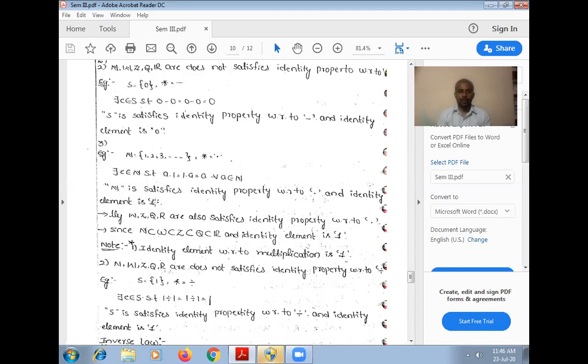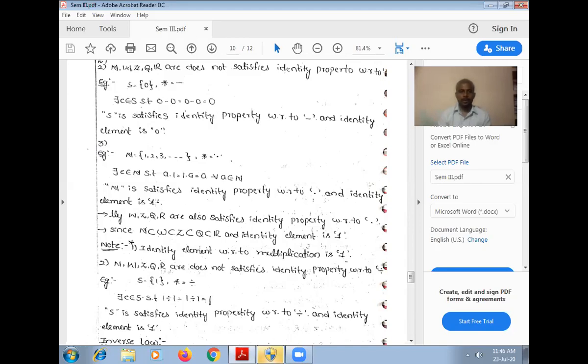So most important point here, the identity element with respect to multiplication is 1, and the identity element with respect to addition is 0.